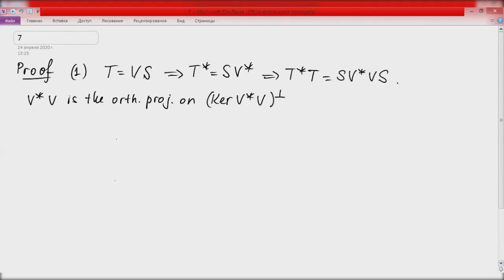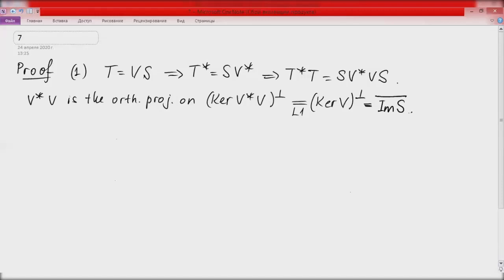And by lemma 1, this kernel is simply the kernel of V. And by assumption, the kernel of V is the orthogonal complement of the image of S. So this implies that this is the closure of the image of S. This follows from the assumption of the theorem.